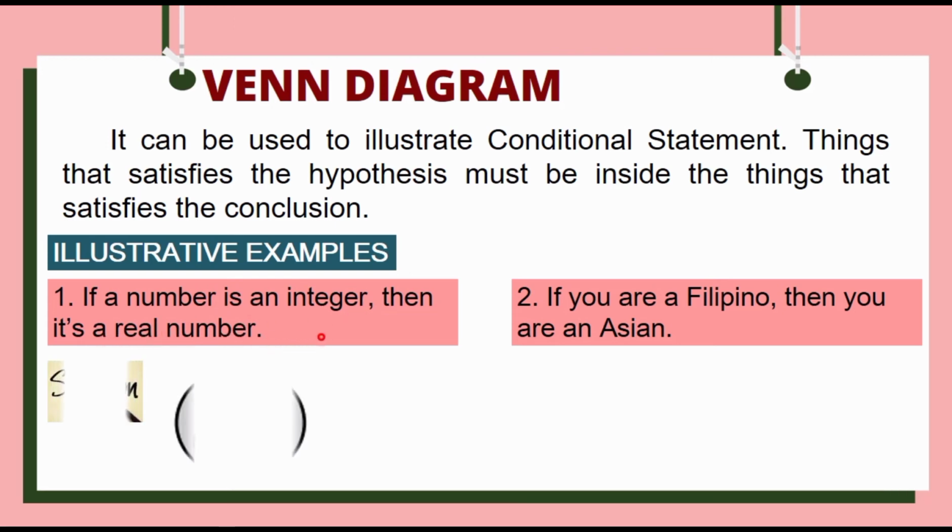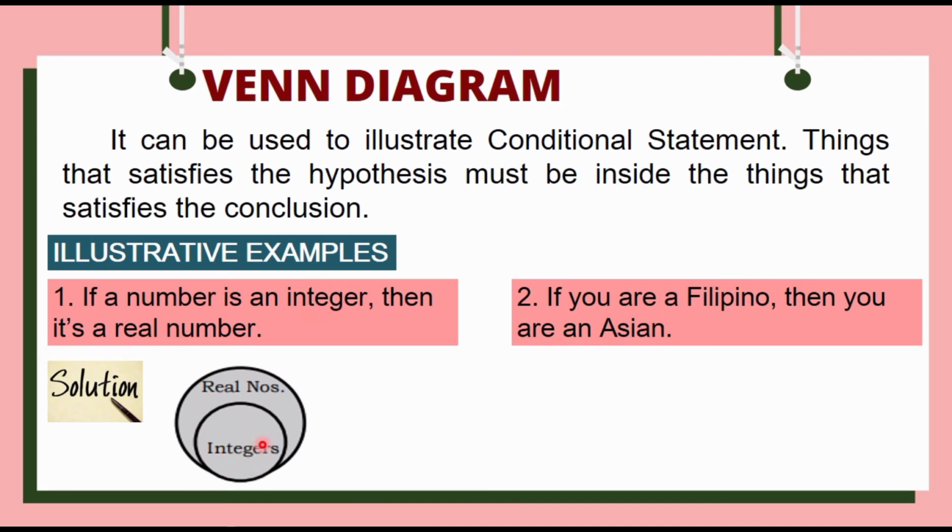So the solution is like this, ito yung ating Venn diagram. Sabi nga dito, yung bagay daw na nag-satisfy sa hypothesis must be inside the things that satisfy the conclusion. So it says that if a number is an integer, then it is a real number.